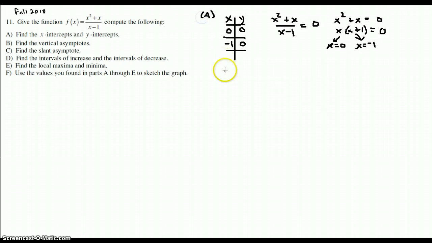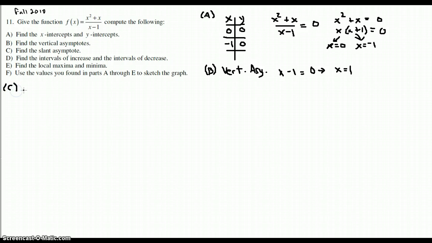Part B, find the vertical asymptote. The vertical asymptote is where the denominator is equal to 0, and so that happens at x equals 1. Okay, part C, find the slant asymptote.